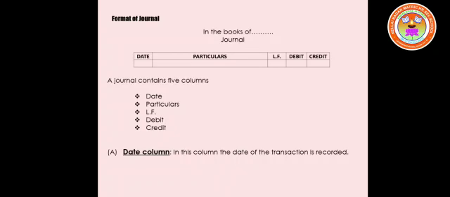The amount columns of a journal may be totaled at the end of each page and the grand total may be given at the end of every month. To show each journal entry separately, you may leave one line or you may draw one line after the narration of a particular entry.